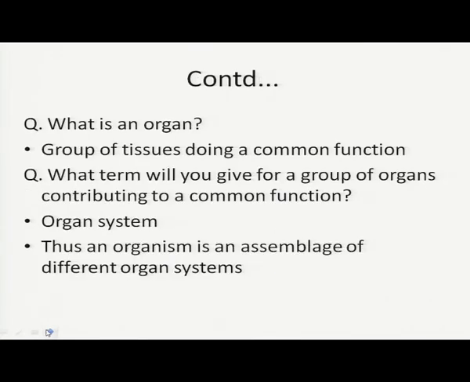Now, when a group of tissues doing a common function, we can call it as an organ. When a group of organs together contributes to a common function, we can apply the term organ system.